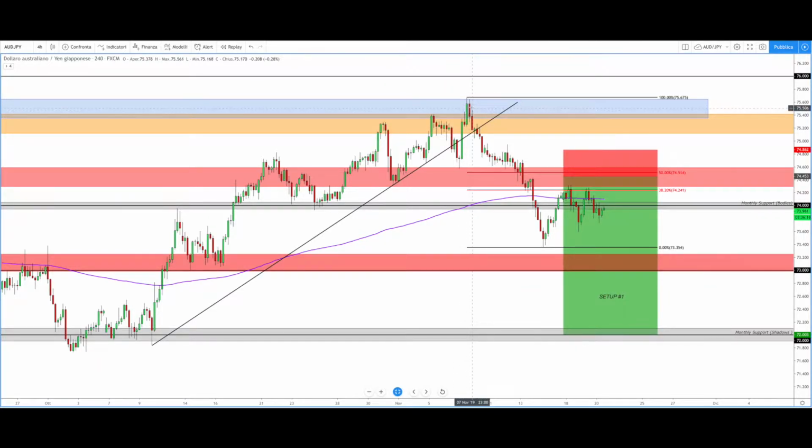The price failed to go higher, and from this point starts a strong bearish movement that breaks this bullish trend line, starts a second bearish phase that also breaks this slowdown area around 7.445, and then breaks this monthly support 7.4.